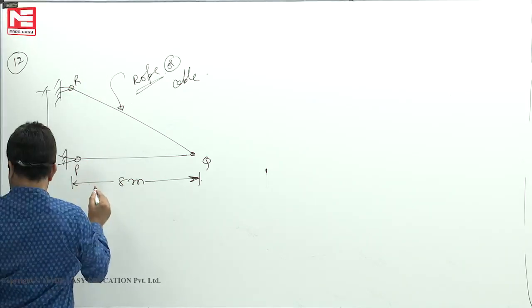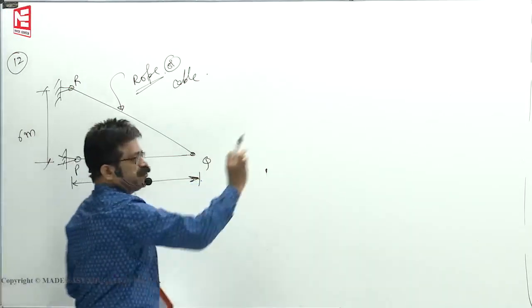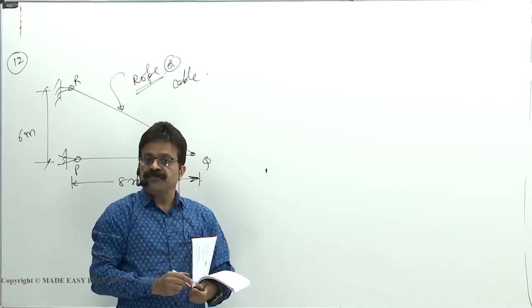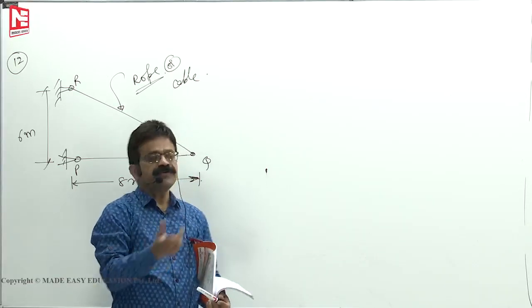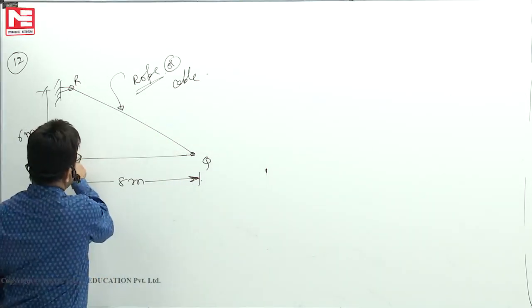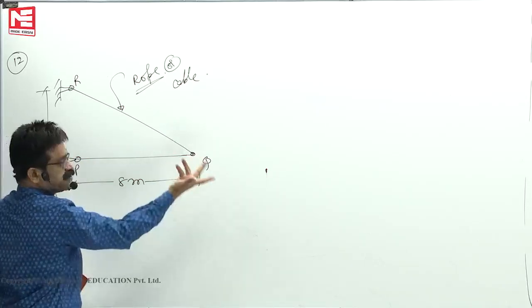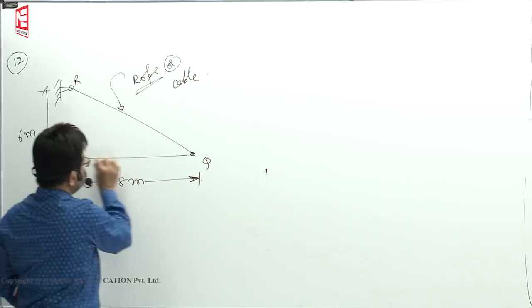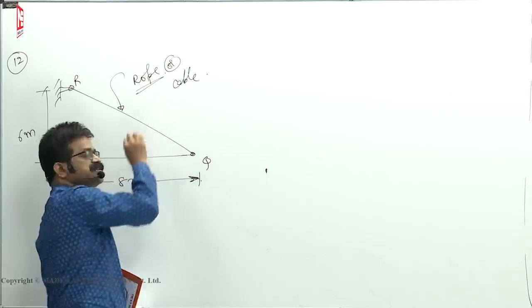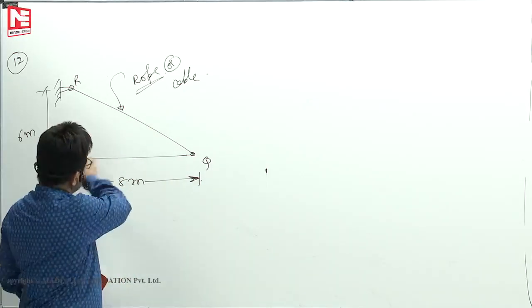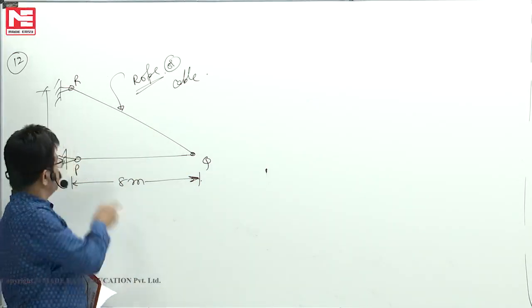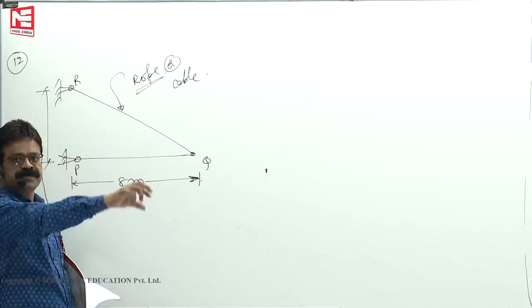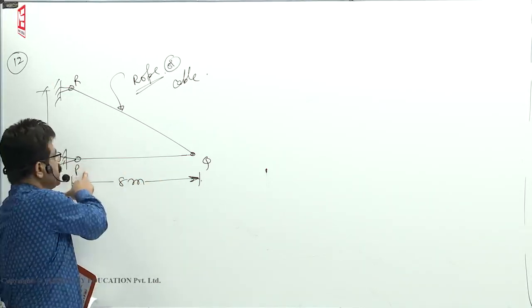There is a load of 10 kilonewton moving from one end to the other end. For what position of the load will you get maximum tension? If the load is here, then here it is almost 0. But when the load is coming here, it has to take more load because this will try to rotate. When the load is at P on the beam, the entire load is taken by the support itself.